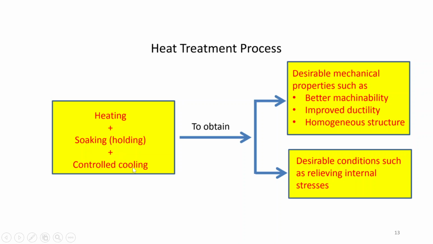After that it is cooled at a controlled cooling rate, and this is done to obtain desirable mechanical properties such as better machinability, improved ductility and homogeneous structure, and also for desirable conditions such as relieving internal stresses.